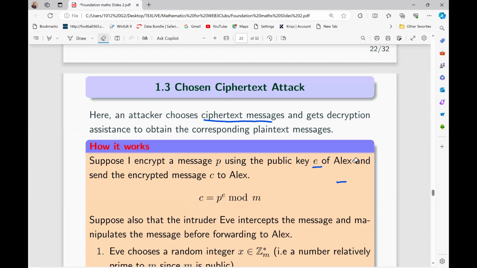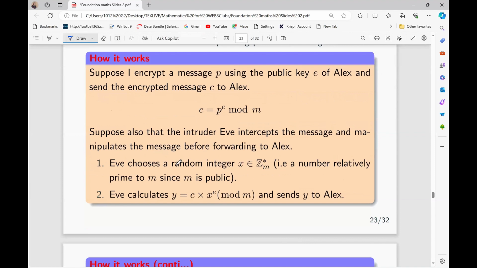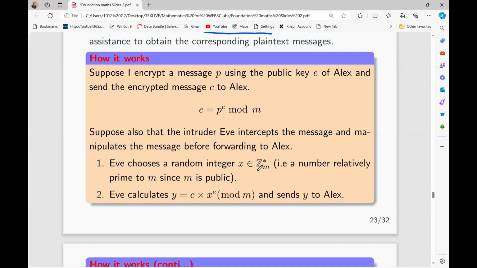And as I had already explained, the intruder changes this message and multiplies it by, let me say, X. Since Eve knows that we are using mod M, and M is in the public domain, because it was a public key, Eve chooses one number which is relatively prime to M. Let's say she chooses this X. What she does is multiply the message I was sending to Alex by X raised to E. Why is she multiplying by X raised to E?